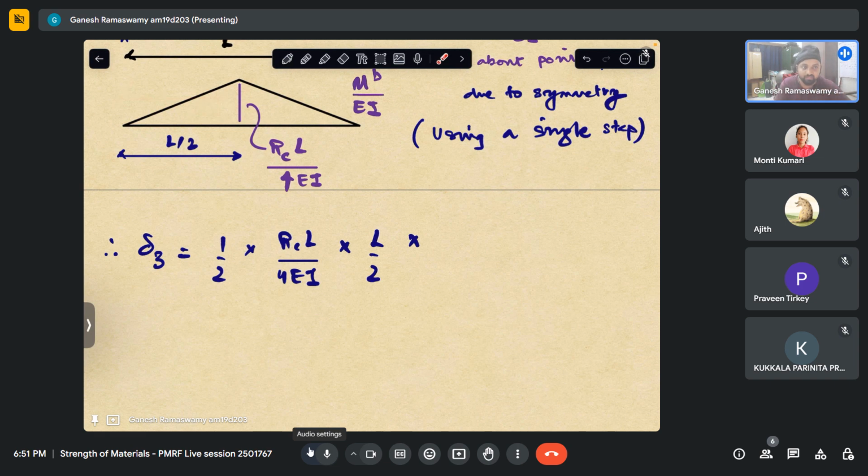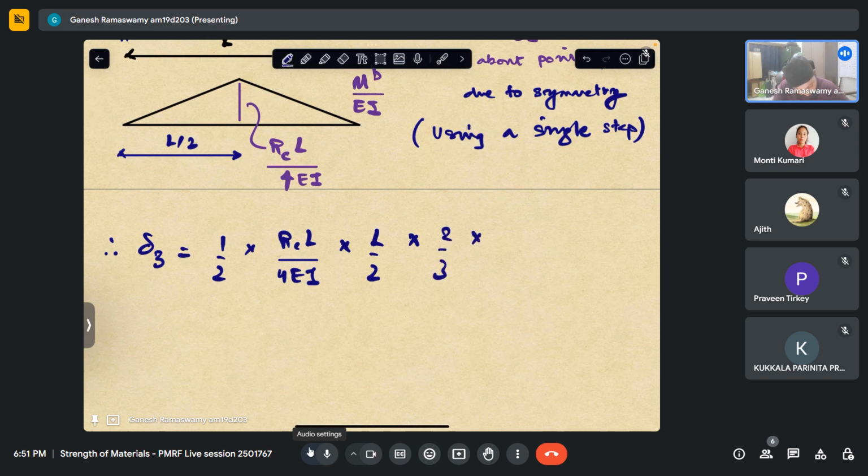So therefore, this is 2/3 into L by 2. So this is half into 0.25 into half into 2 by 3 into half.